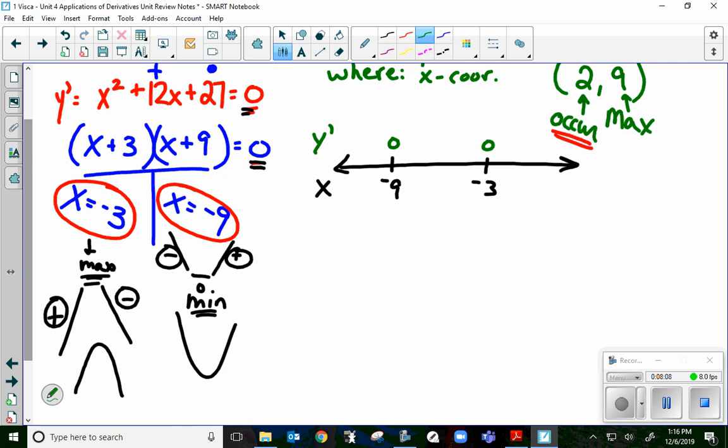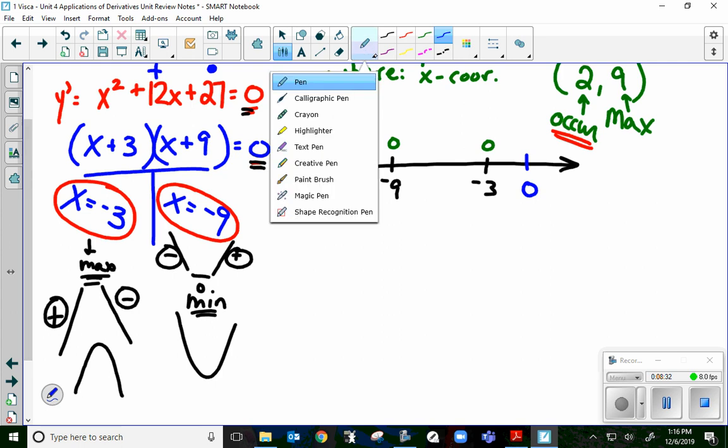All right? So now I'm just going to plug in other values that are not critical points and see if it's going to give me a positive slope or positive derivative value or a negative derivative value or a negative slope. Let me explain. Let's pick, I don't know, what about when x is 0? Not my slope, but my actual x value.